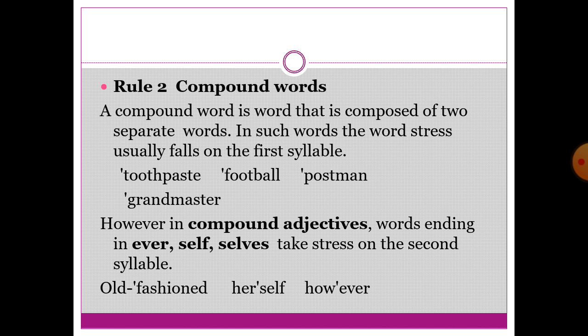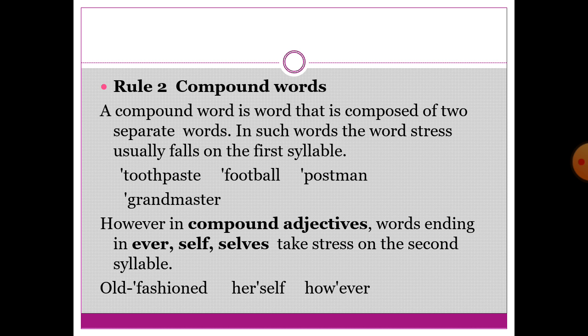They are all nouns. But look at the word old fashioned. He is old fashioned. Old is one word and fashioned is another word. These two are different words, but they are doing the work of an adjective in this sentence.